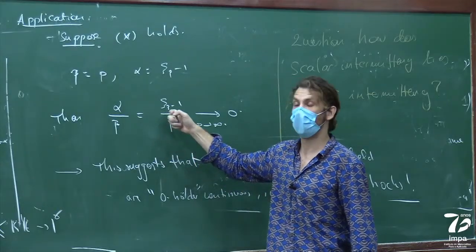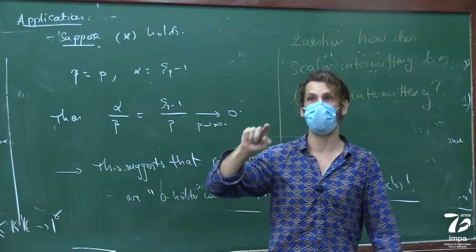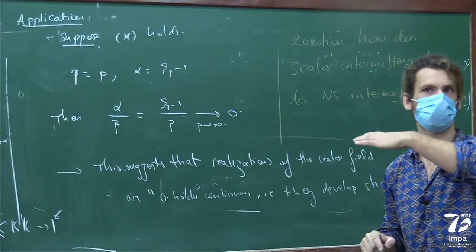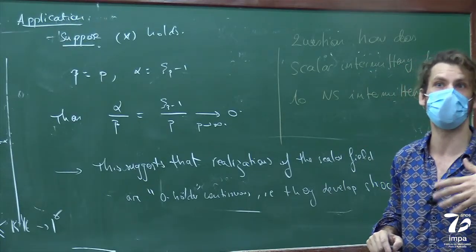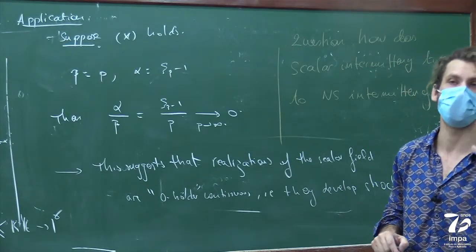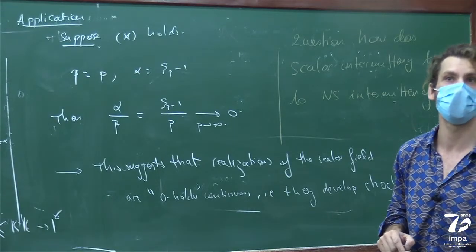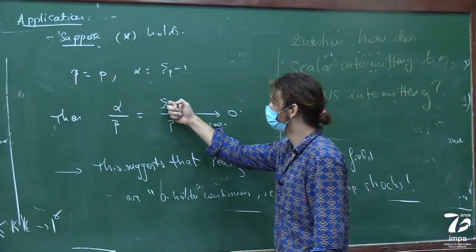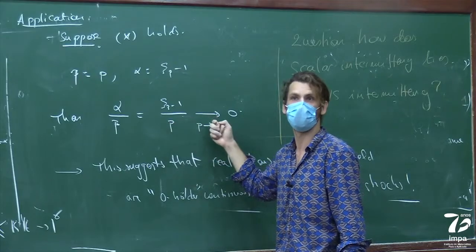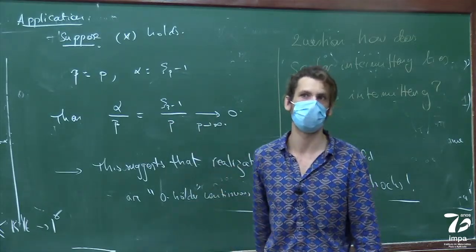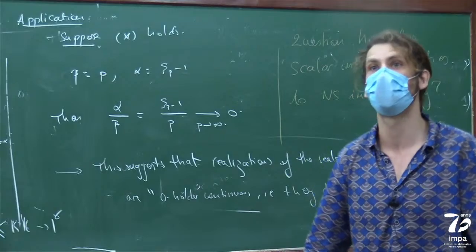In fact, even if the zeta_p would not converge to a constant, say they grow logarithmically with p, then this ratio will still go to 0, and the same conclusion will hold, except that the shocks will probably be harder to see.